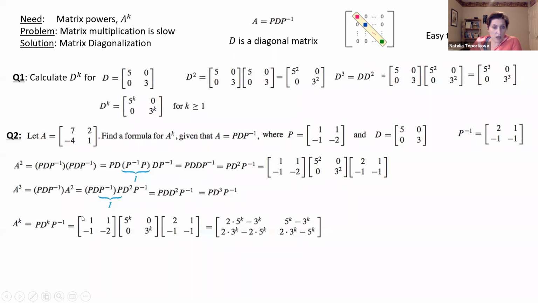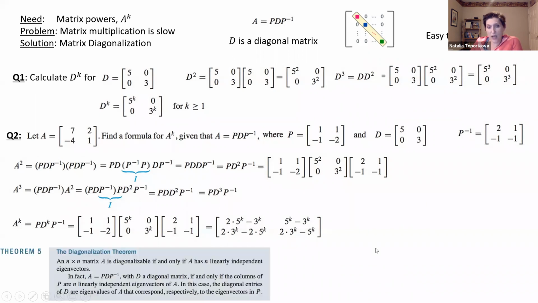You can just calculate the row by column multiplications and you get this rather messy but still workable expression. Still, it's much, much faster than any other way we could calculate the power of our matrix A. So it seems to be a really good algorithm, but is there always a way to diagonalize the matrix?